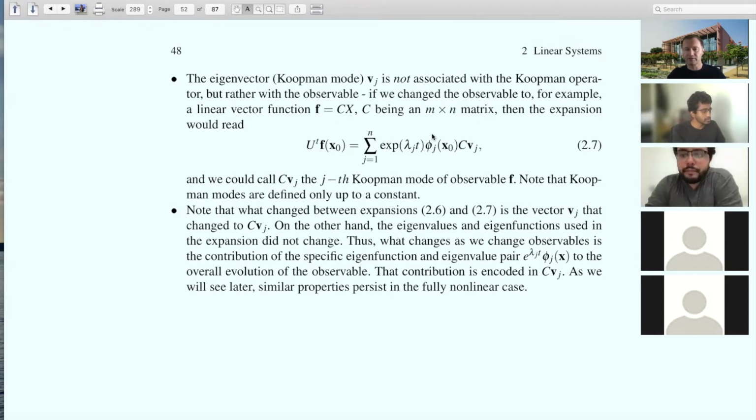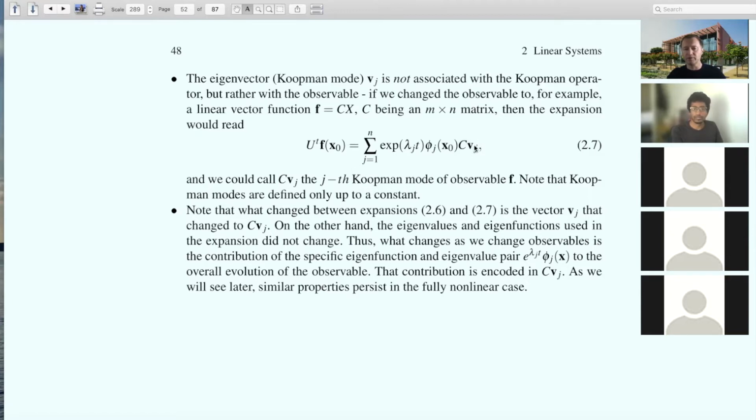The spectral expansion consists of three elements: the eigenvalues that are encoded in this term e to the lambda j t, the eigenfunctions phi j, which were shown to be linear functions of state, if you look at the previous lecture, and then the eigenvectors modulated by some matrix C, and the C v j is an example of what we call Koopman modes.